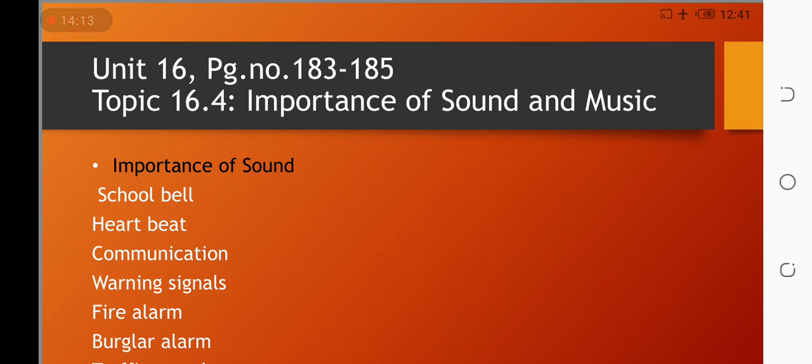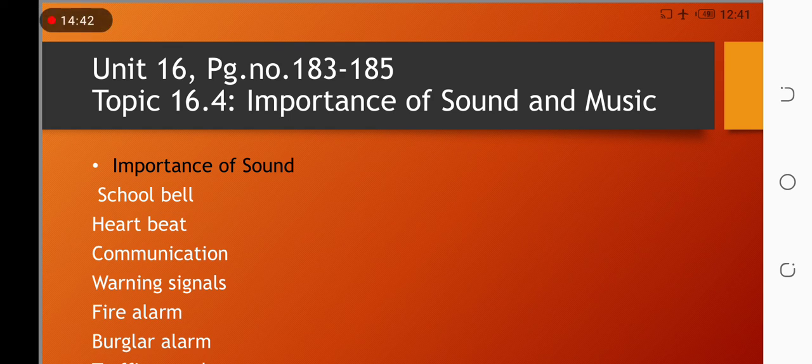The louder a sound is, the more energy it carries. So the loudness of a sound is measured in decibels, and decibels are represented by the unit small d and capital B. So it represents decibels. That is the unit that is used to measure the loudness of sound.